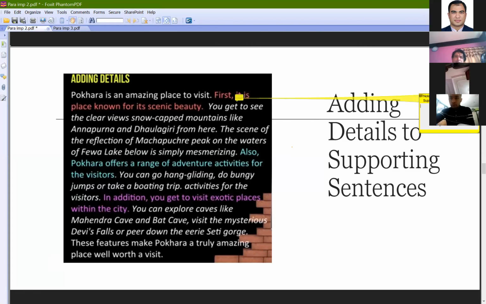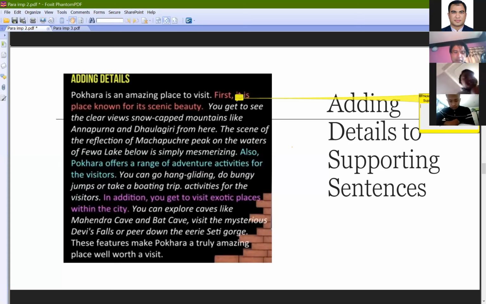Now, if you look into the way the sentences are composed, the first one is the topic sentence. The rest of the sentences are supporting details. Now, how many supporting details?